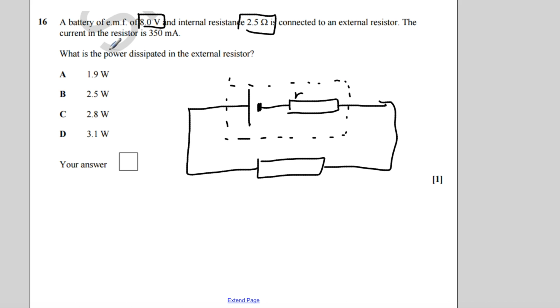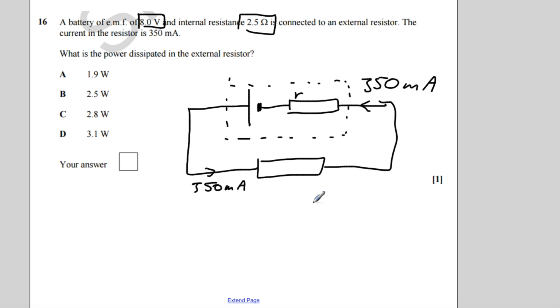And the current in the resistor is 350 milliamps. Something that we can add here is that because it's a series circuit, the current everywhere is going to be 350 milliamps. And we want to know what is the power dissipated by the external resistor.